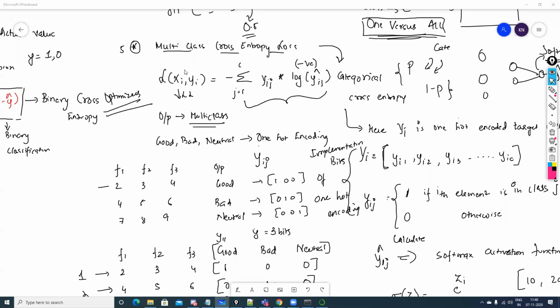So when we get y hat from the neural network output and substitute it along with yij and log yij hat, yij for only good will be one, bad or neutral will be zeros. When we are doing summation for zeros, however they are getting zeros, right?